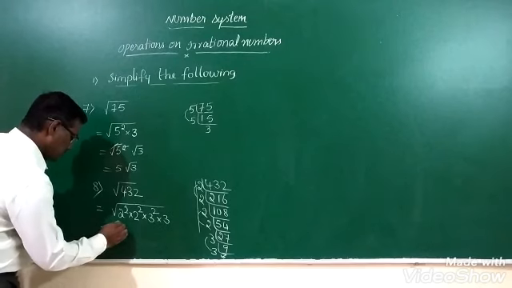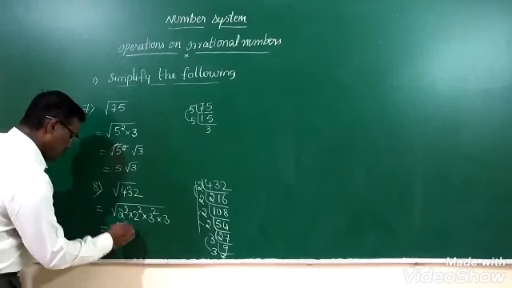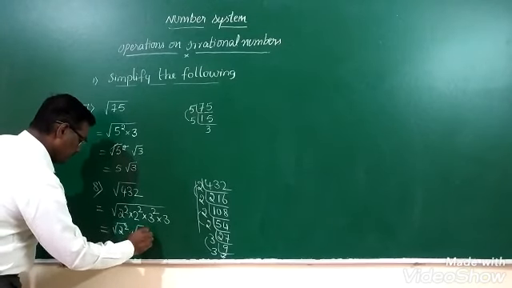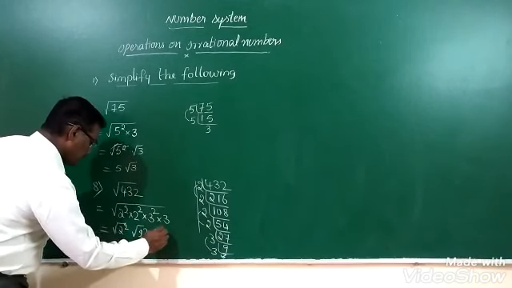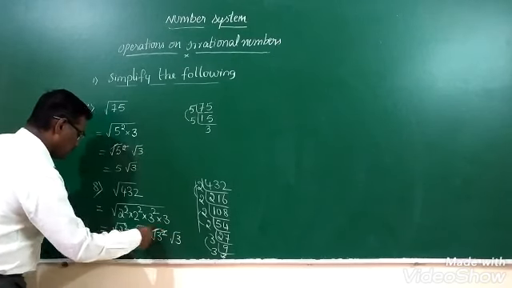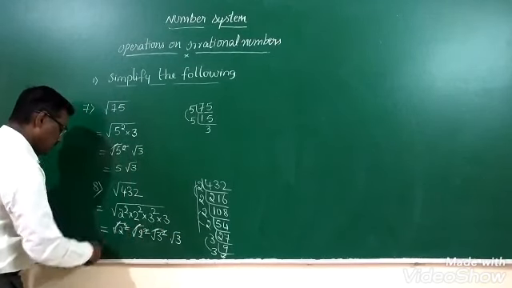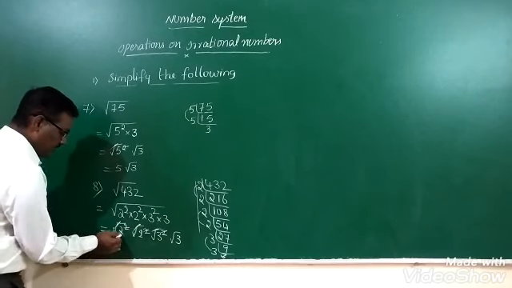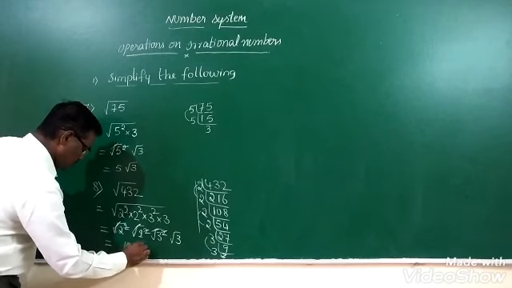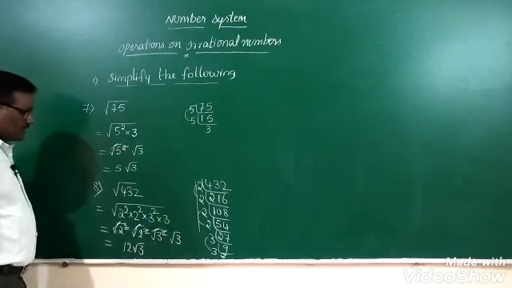Therefore, we can split this as root 2 square into root 2 square into root 3 square into root 3. Square and root get cancelled. Now we multiply: 2 2s are 4, 4 3s are 12. 12 root 3. Is it clear?